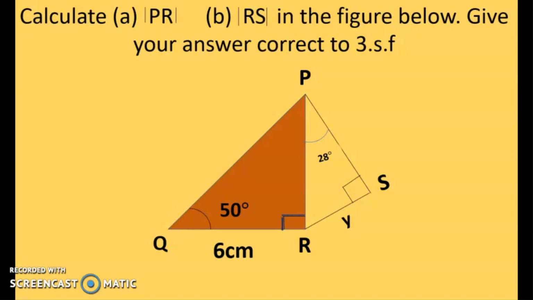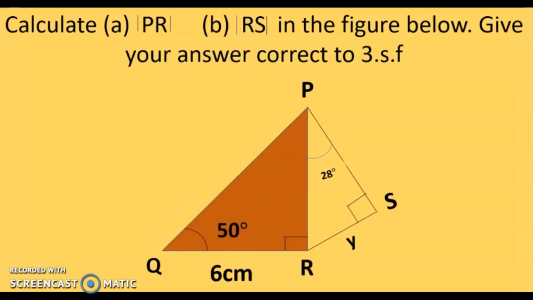We have another triangle, that is the second triangle, and it is triangle PRS.